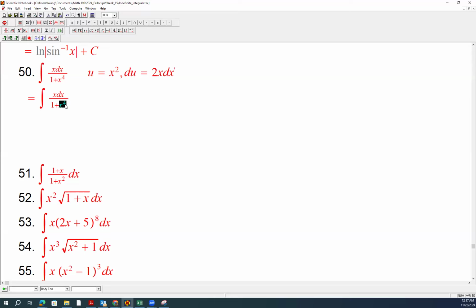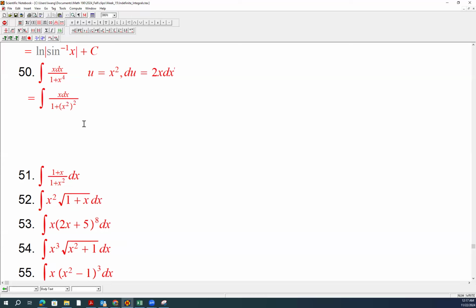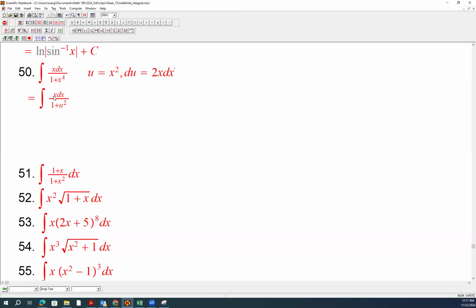So x to the power 4 will be written as x squared to the power of 2. Now with that, this is going to be u squared and x dx, and that's du multiplied by half. And we certainly know the antiderivative of 1 over 1 plus u squared.